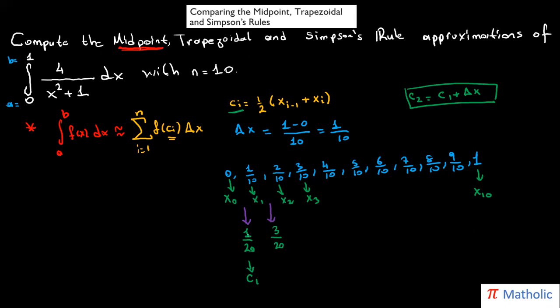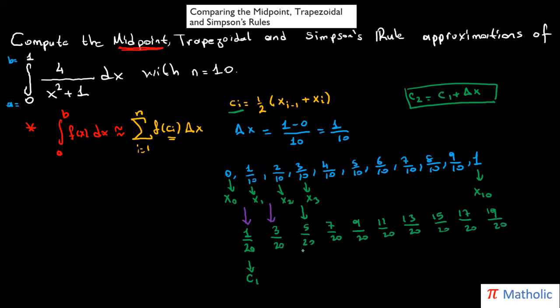So there's a sequence here. Denominators are equal and numerators are increasing by 2, right? 1, 3. Then the next one is 5 over 20, the next one is 7 over 20, then 9, 11, 13, 15, 17 and 19.